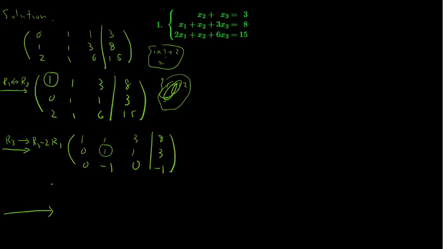Simple addition. Yeah, multiple of 1. We just multiply row 2 by 1 and add the multiple to row 3, and then row 3 is changed. Again, I wanted to use the circled number, the leading one of row 2, to make the number below 0.